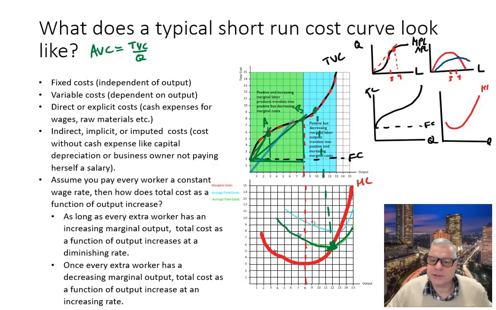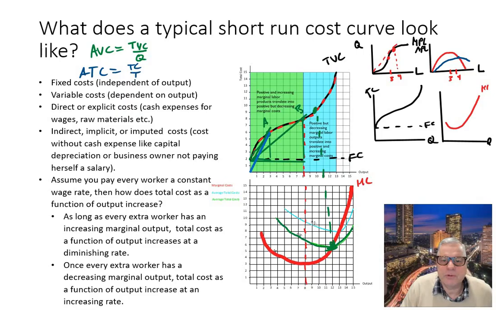So now at this point here, it's point A, average total cost is total cost over Q. Okay, so in point A, we will get the slope where this is the total cost over total output.